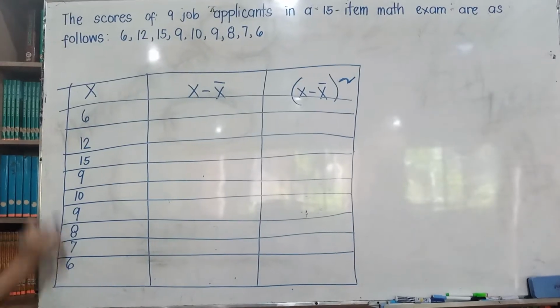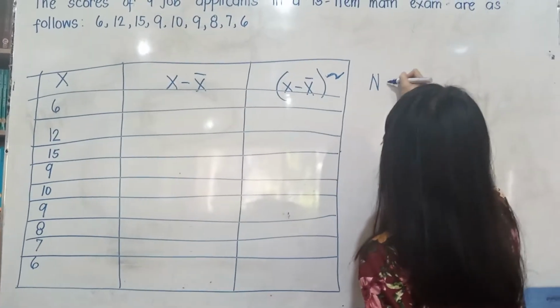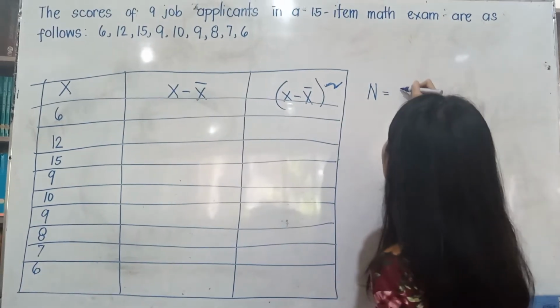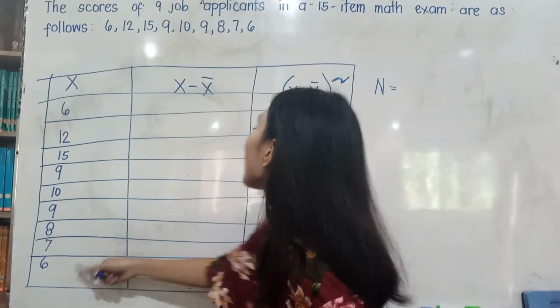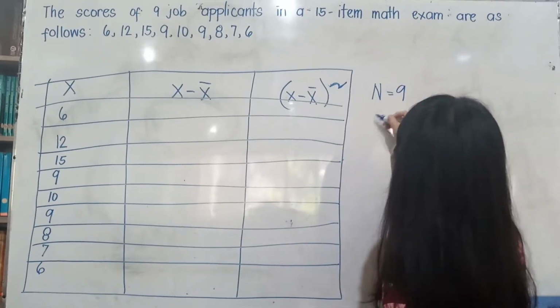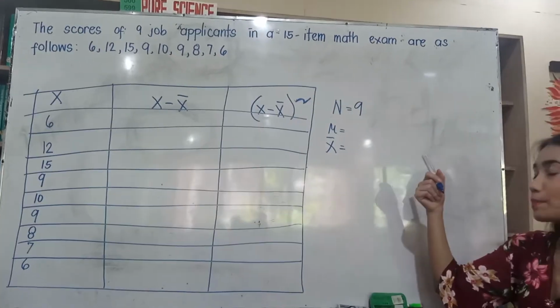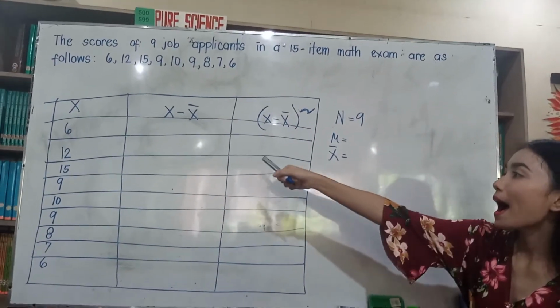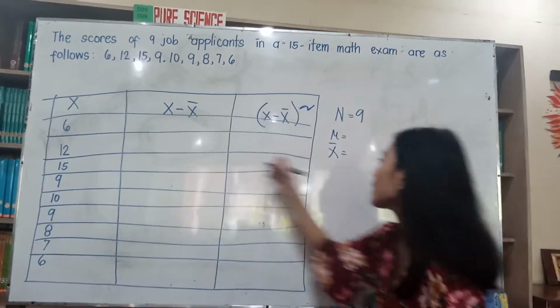This is the number of data. So how many? 1, 2, 3, 4, 5, 6, 7, 8, 9. There are 9. To get the mean population and the mean sample, you have to add the data and divide by the number of data.